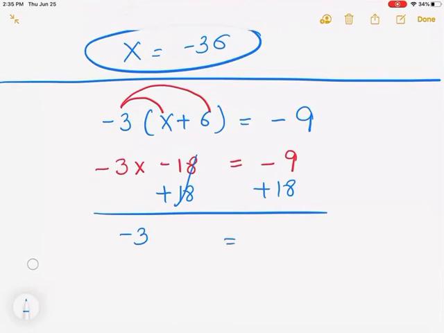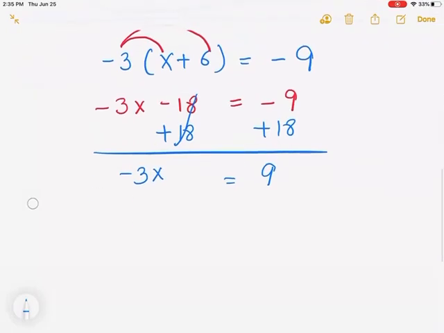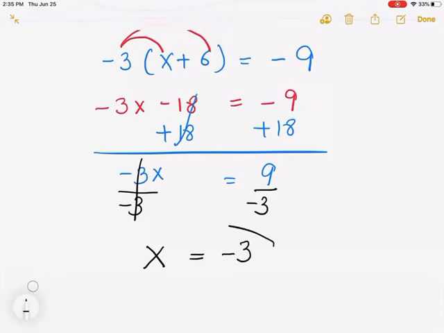So negative 9 plus 18 is positive 9. Oh, I forgot about x. Lastly, this negative 3 is getting multiplied by x, so I would divide by negative 3. Don't forget to carry the sign. So these two are going to get canceled out. So x is equal to 9 divided by negative 3, which is negative 3. Here you go. One more.